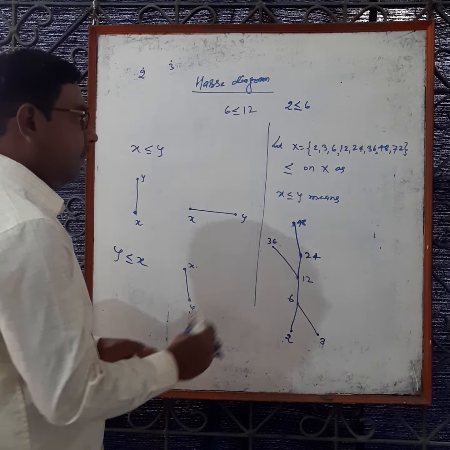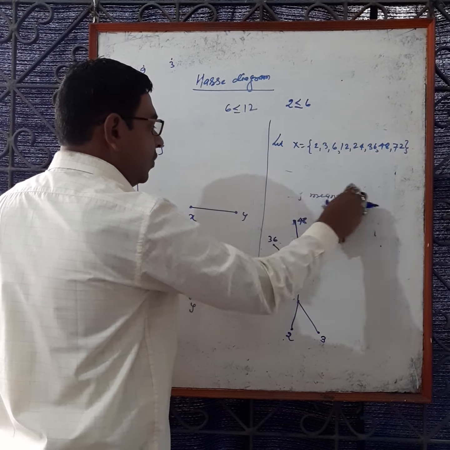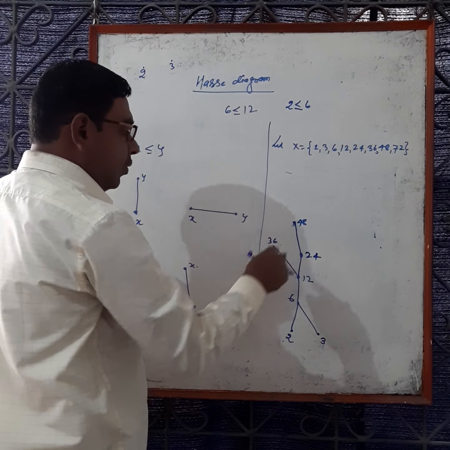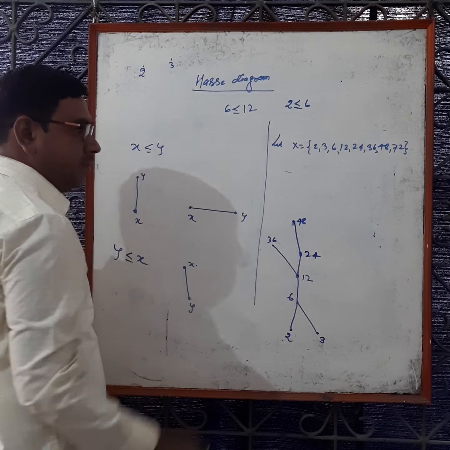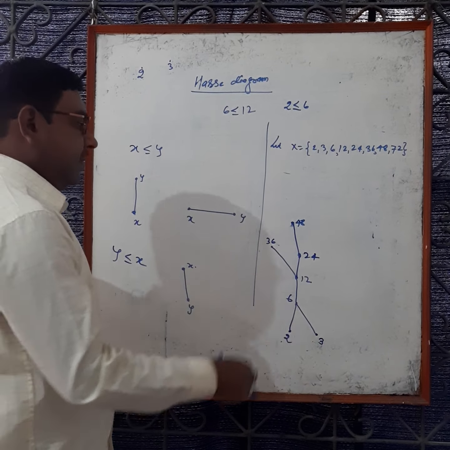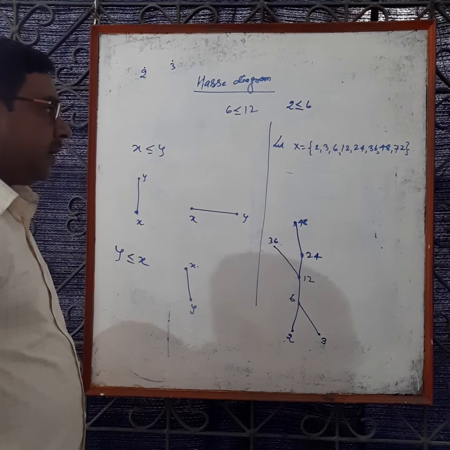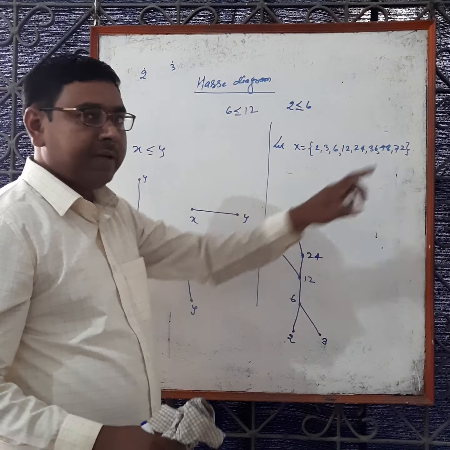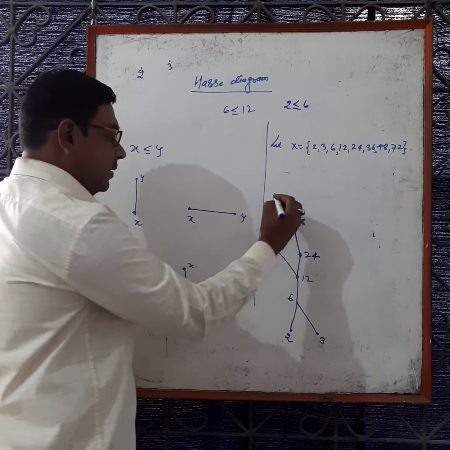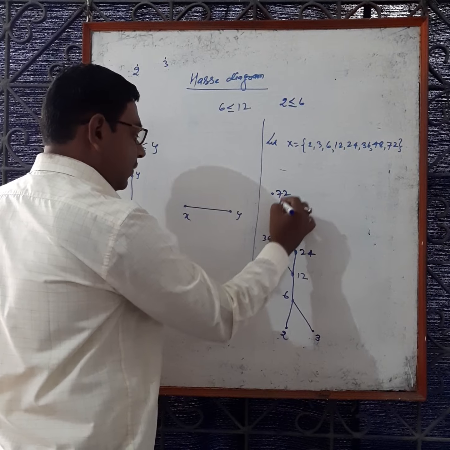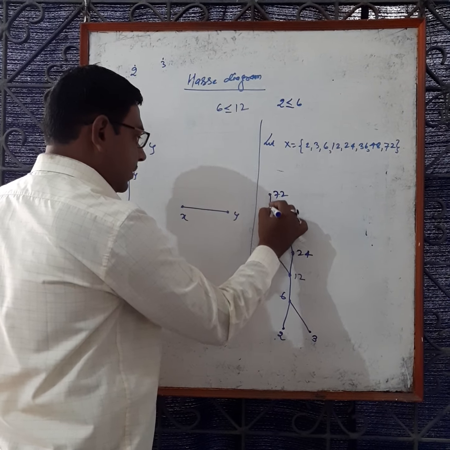Next element is 72. 48 does not divide 72 and 72 does not divide 48. Therefore, 48 and 72 are incomparable elements. But 36 divides 72. Therefore, we connect 72 with 36.